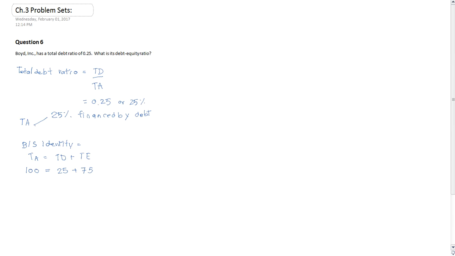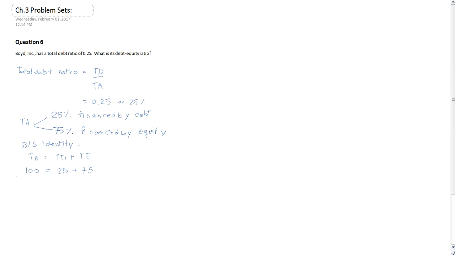Back to here, it's the same idea. So if 25% of the firm's total asset were financed by debt, then another 75%, which together equal 100%, has to be financed by equity.